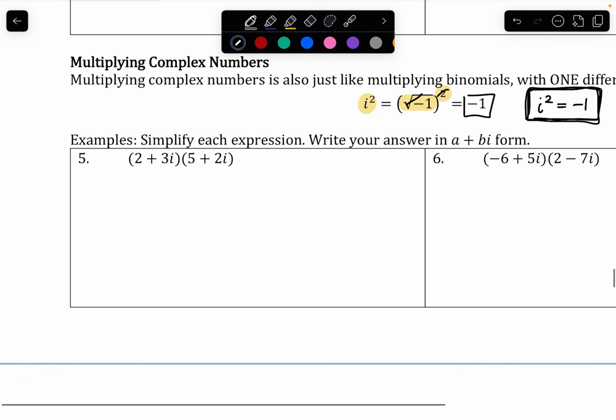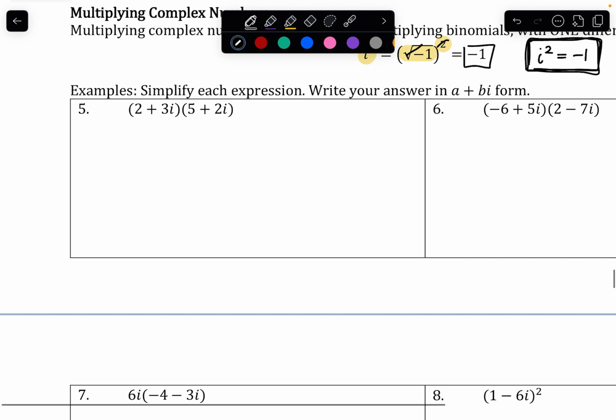Okay, and so looking at number 1, 2 times 5 first would be 10. 2 times 2i would be 4i. 3i times 5 would be 15i. And then last, we would have 3 times 2 is 6.